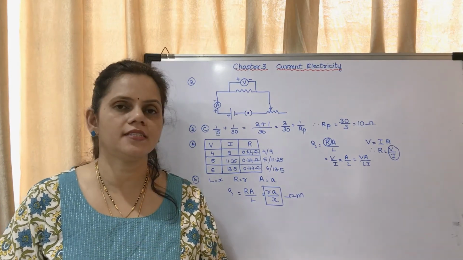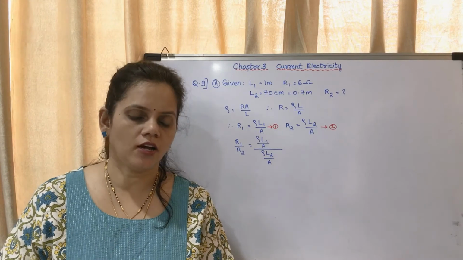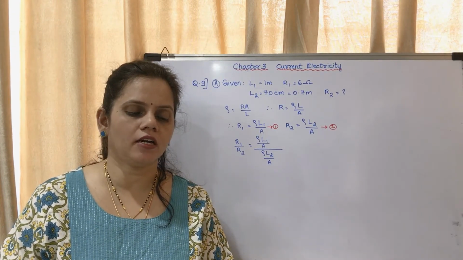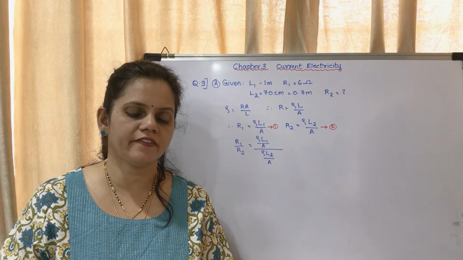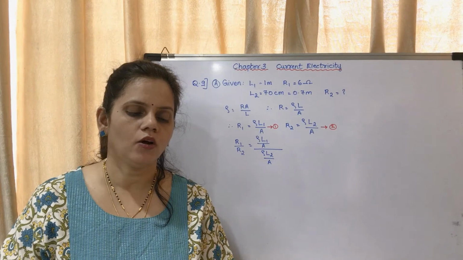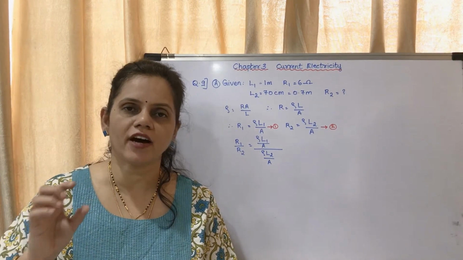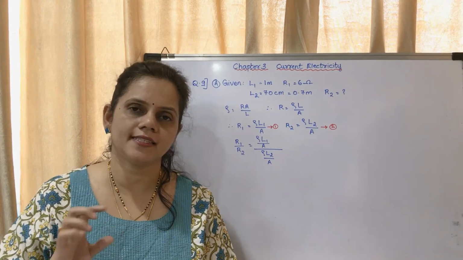You may copy this. Now the first question in question number 9, solve the following problems. The resistance of 1 meter long nichrome wire is 6 ohms. If we reduce the length of the wire to 70 centimeter, what will be the resistance? So there is a 1 meter long wire. The resistance of 1 meter long wire is 6 ohms.